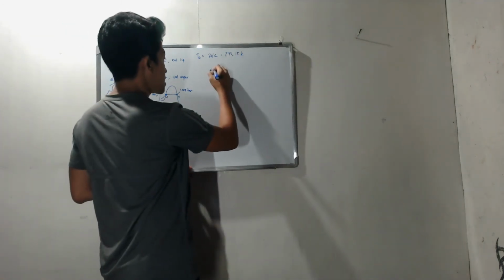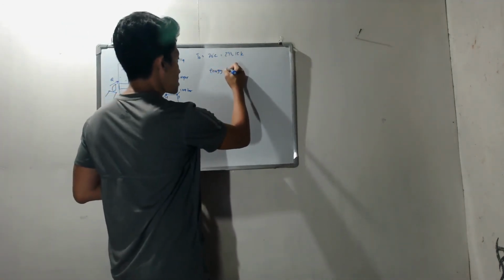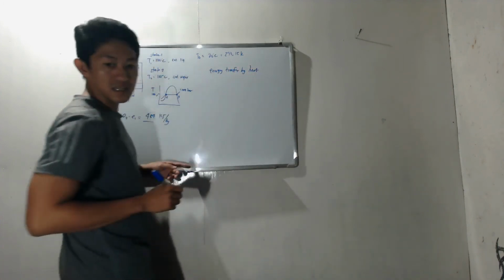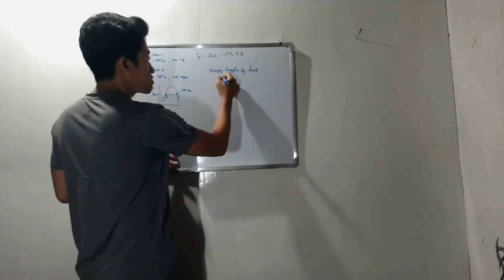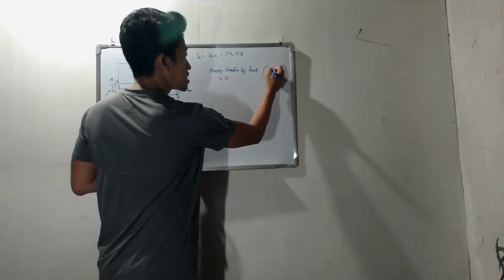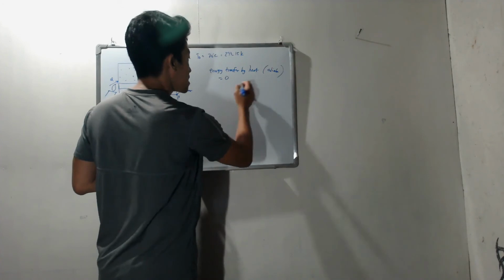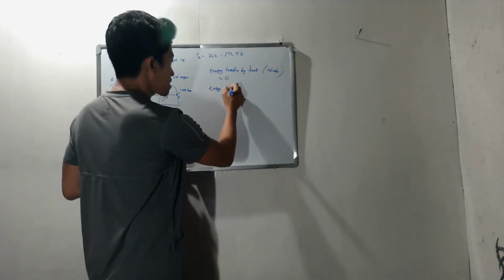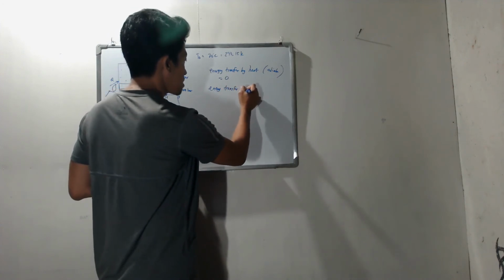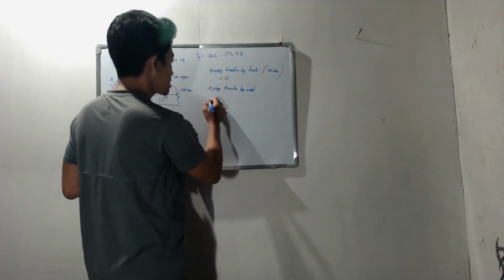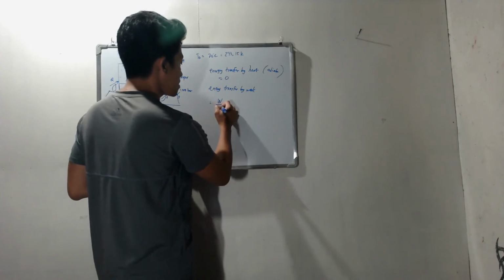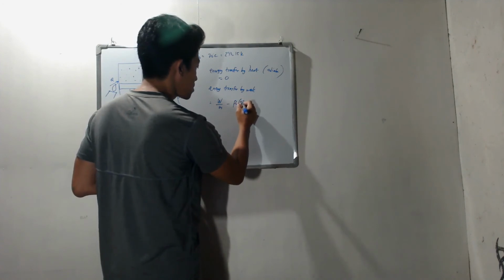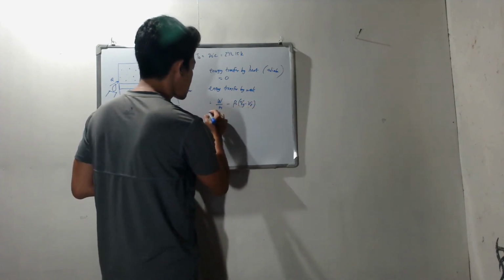And then exergy transfer by heat is 0, since it is adiabatic. Exergy transfer by work: the equation is work over m minus P0 (Vg minus Vf).